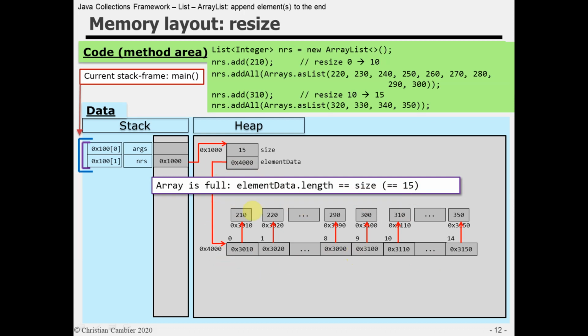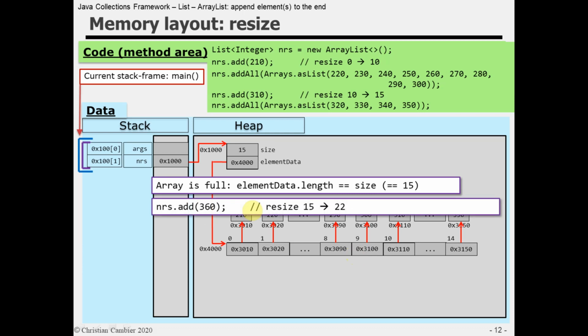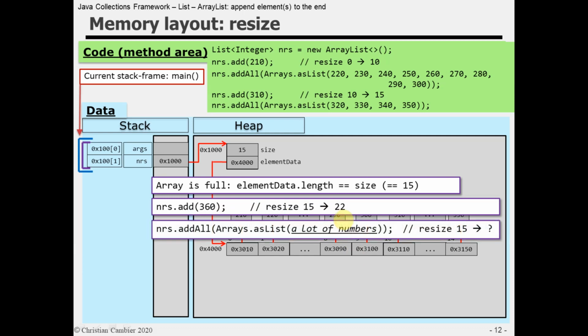And so what would happen if we were to add another integer, say 360, using the add method? Well, another grow or resize of the array will take place, and this time to 22. But why 22? And what if we would add a list of a lot of elements using the addAll method? Then there's a resize to, well, which formula is used to calculate the new size then?